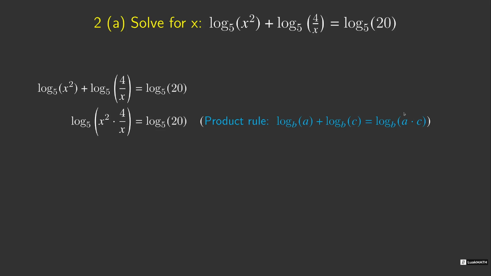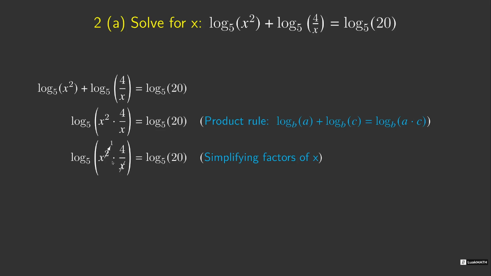You know, the product rule is log of a plus log of c is equal to log of a times c. Of course, the bases have to be the same. So in this case, a is x squared, b is 4 over x, and you multiply them. The dot here is shorthand notation for multiplication.